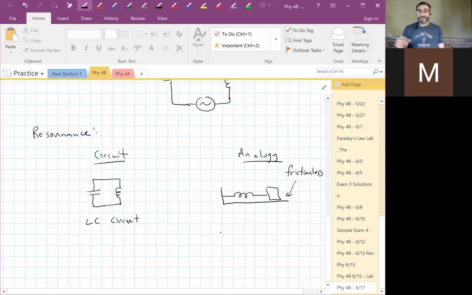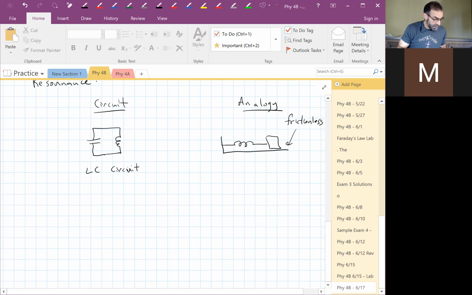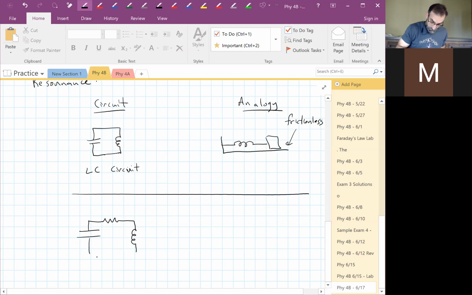A mass oscillating back and forth on a spring, frictionless surface. If we add in a resistor, now we have what's called a damped oscillator.